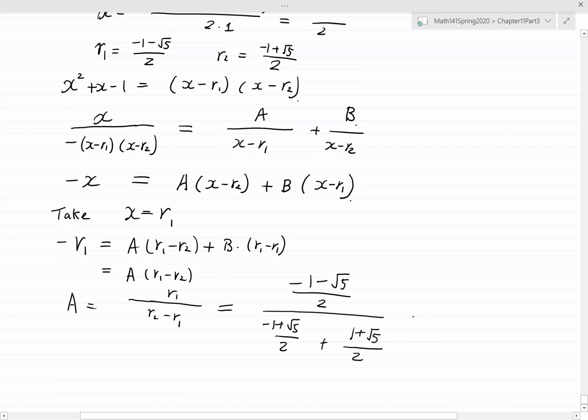Okay, so clear the denominator. So a will be twice root 5 over... sorry, it's root 5 here. Then you get negative 1 minus the thing over 2.